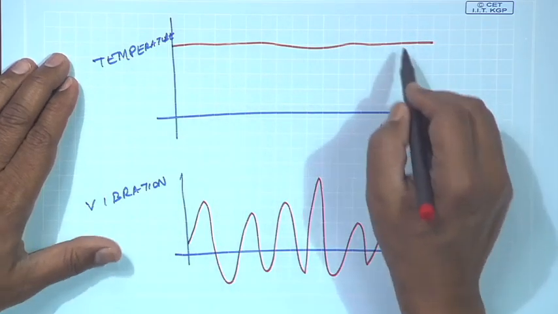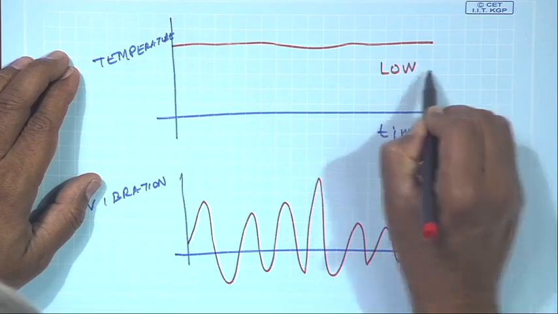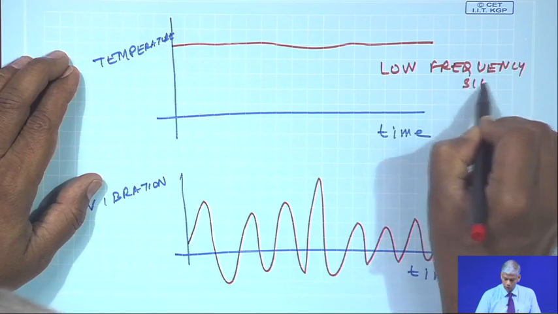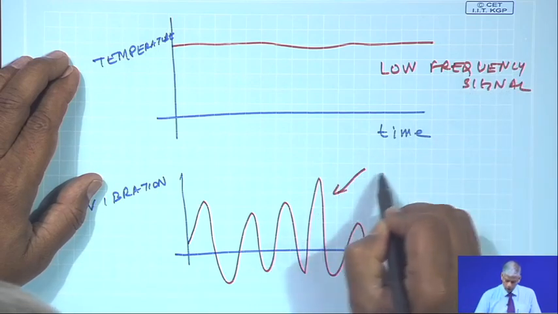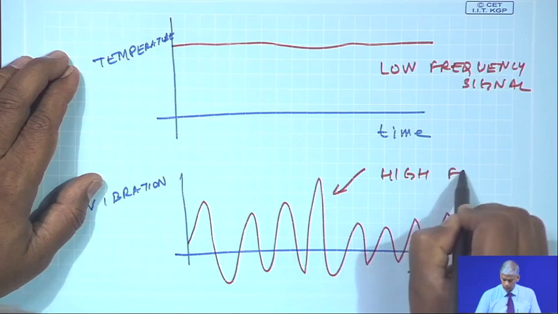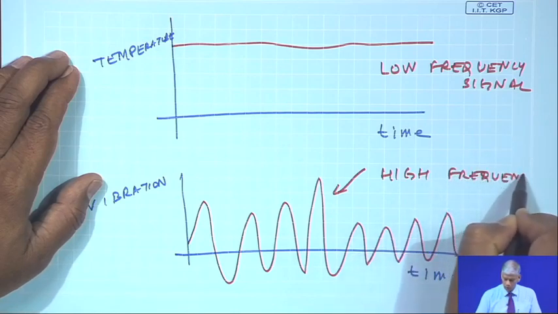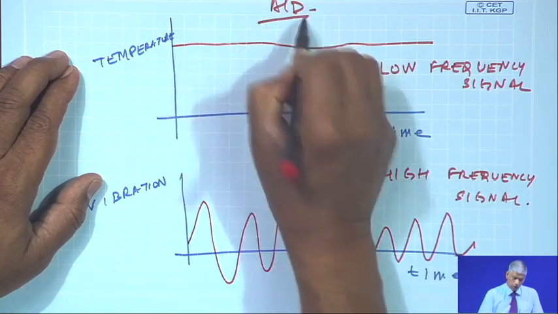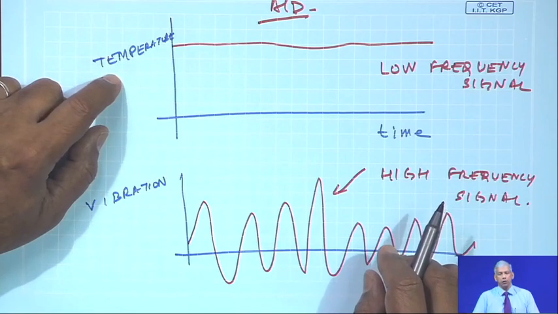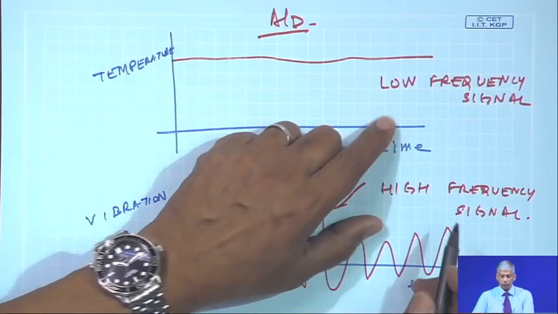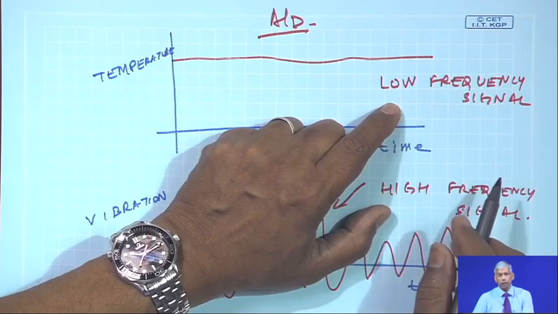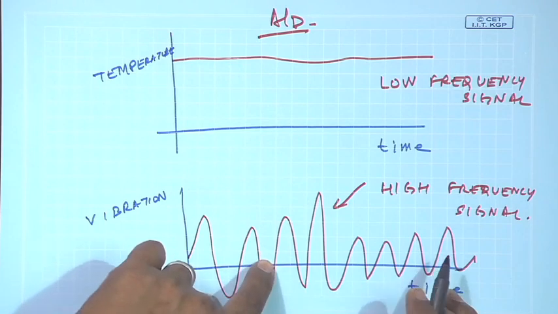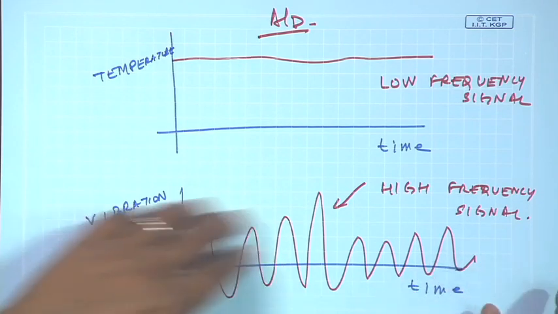So, this is a very low frequency signal, and this is usually a high frequency signal. So, the data acquisition system A to D converters for temperature recording can have a low sampling frequency. In fact, they are much cheaper compared to the data acquisition devices used for dynamic signals, which are vibrations.